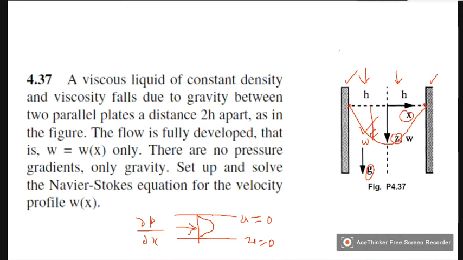So this is x is equal to minus h. So here x is equal to minus h, and here x is equal to plus h. I have explained this problem, but a little hurriedly I have done it.